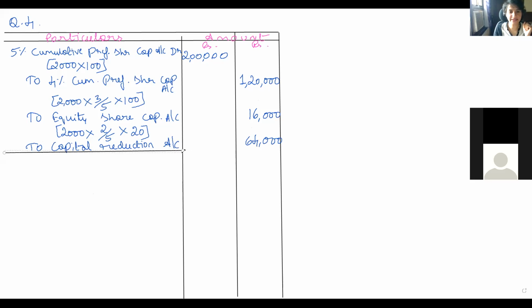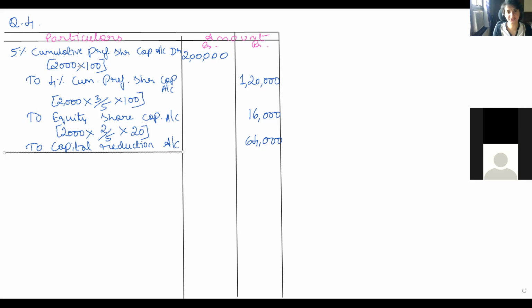Okay, now what will be the narration? Being 4% 5% cumulative shares. Yes, Manish? Being 5% cumulative preference share adjusted. In that also you can write, or you can write as 4% cumulative preference shares and equity share capital were issued in lieu of 5% cumulative preference. वैसे भी लिख सकते.